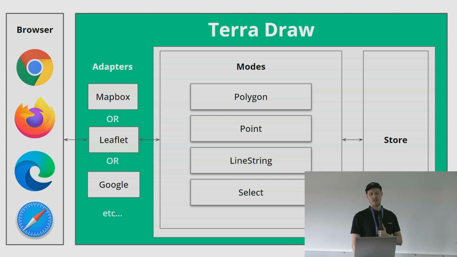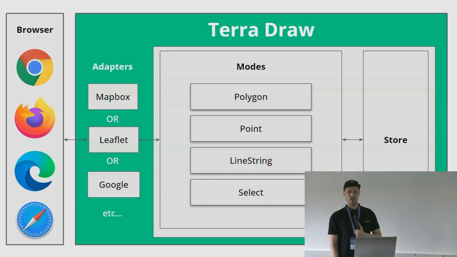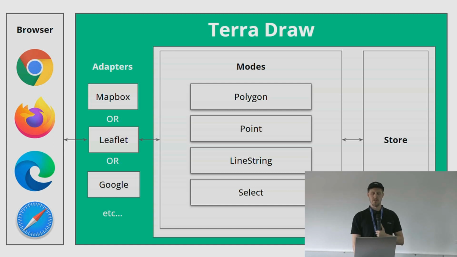Then at the core, there's the core, which is where all the geometry is stored, as GeoJSON, and there's a bit of extra space for selections and this kind of thing. But essentially that's it. It's a relatively simple architecture. There's not a lot going on.